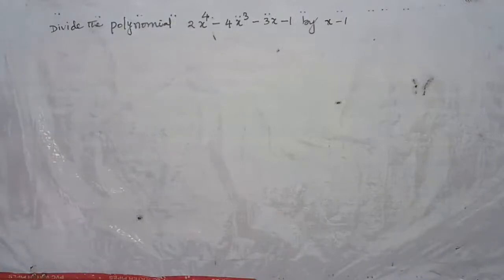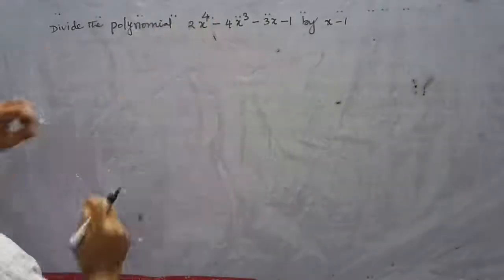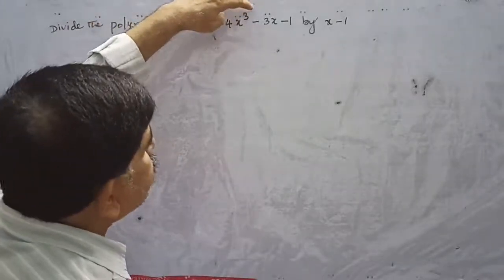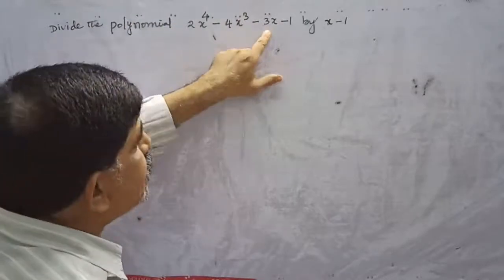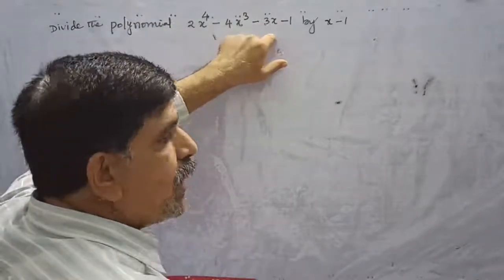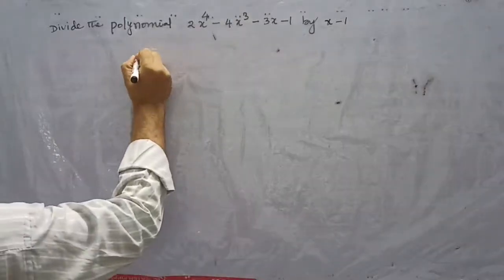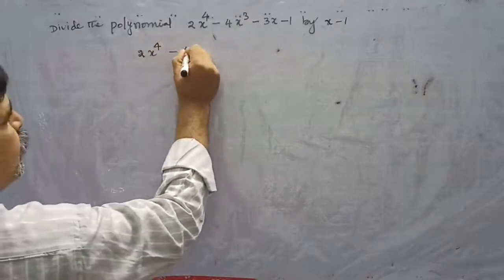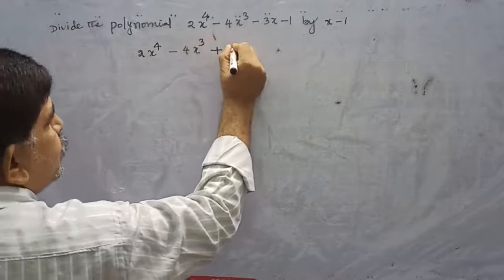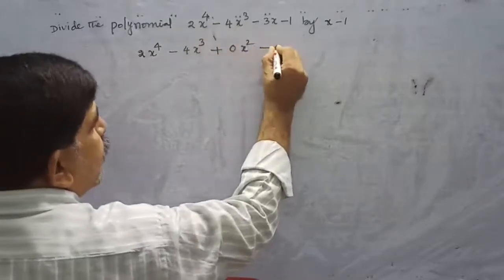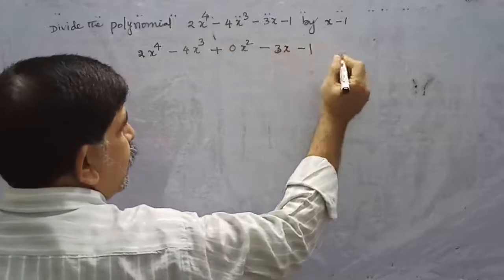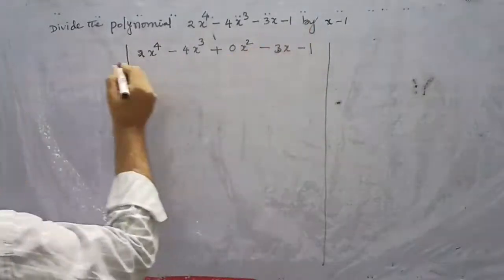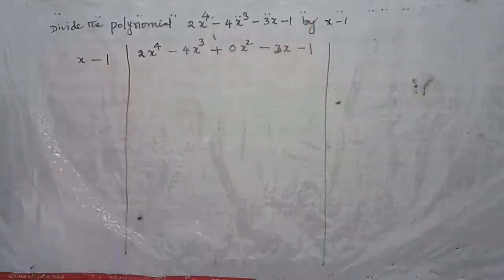Now first, 2x to the power of 4 minus 4x cube, and the x square term is missing. So instead of that x square term, you write plus 0x square. 2x to the power of 4 minus 4x cube plus 0x square minus 3x minus 1 by x minus 1.